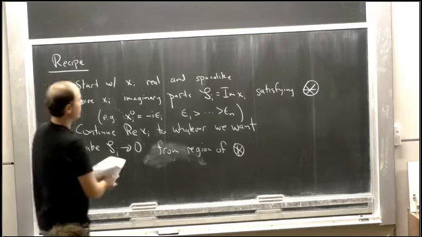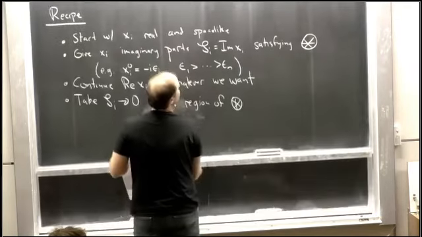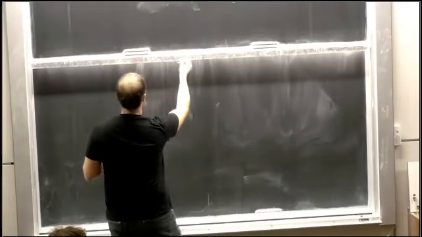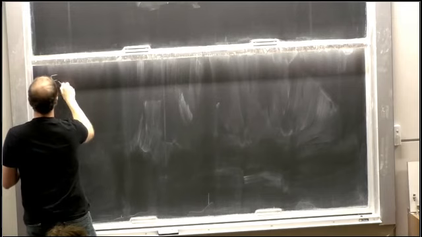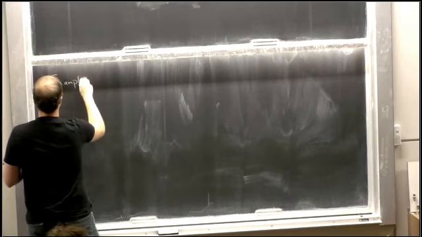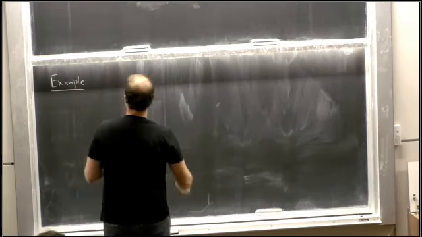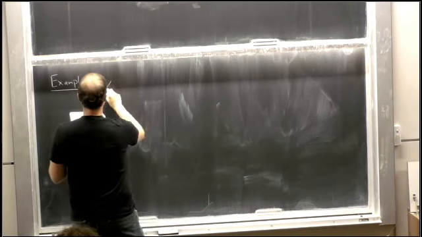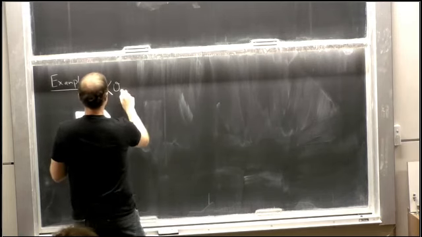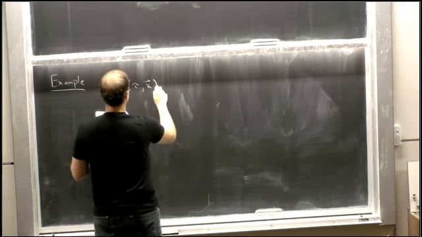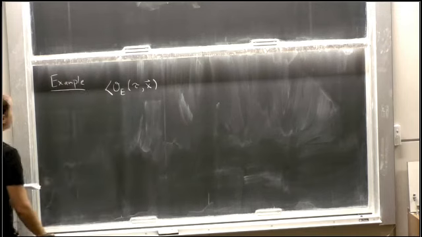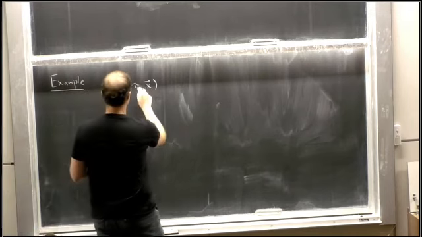Okay, so let's do an example. We'll look at a two-point function of a scalar operator in a CFT and use this algorithm and figure out what the Wightman two-point function looks like. So in Euclidean space, I'll choose a time direction, and I'll call that tau, and I'll call the spatial directions x vector.